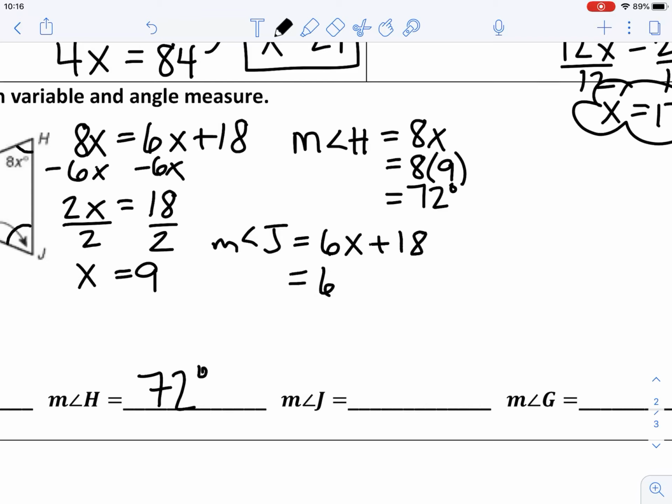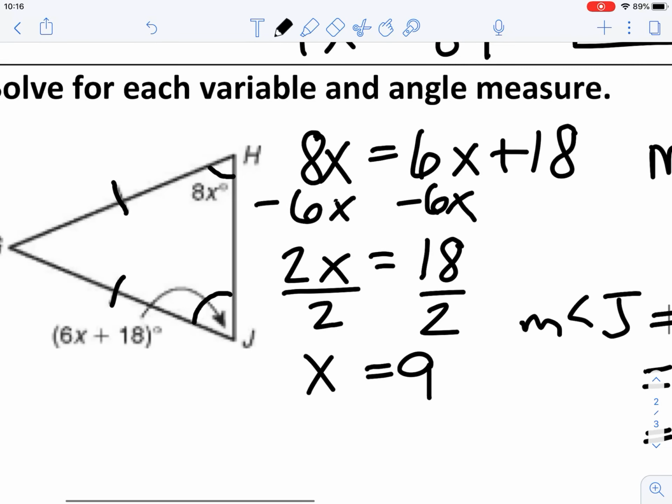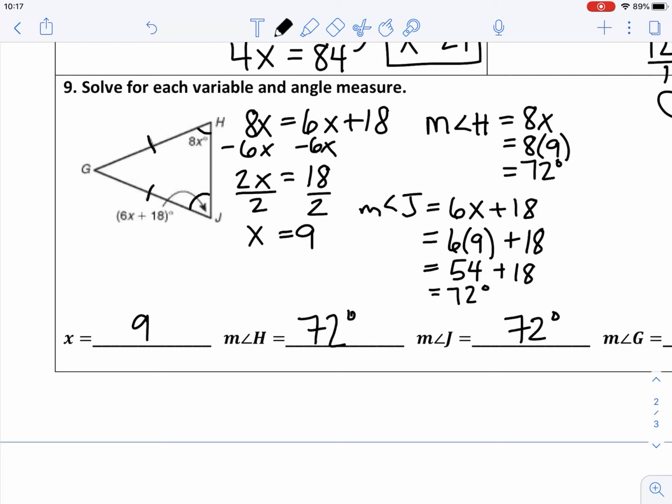Again, we'll replace x with the value we solved for, which was 9. 6 times 9 is 54. 54 plus 18 is equal to 72, which is exactly what we want, given that this was an isosceles triangle, and our first matter of business was to mark those two angles congruent. So we did the right thing. They're both equal to 72 degrees. They are congruent to each other.